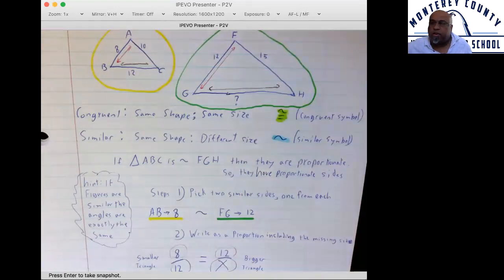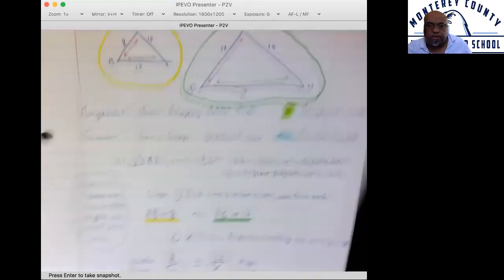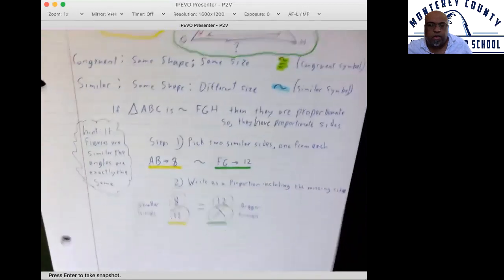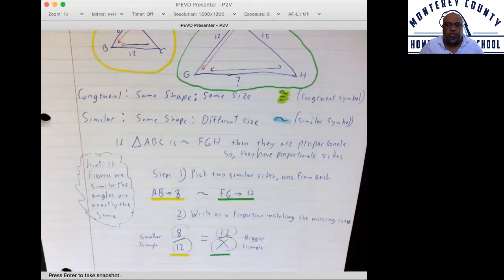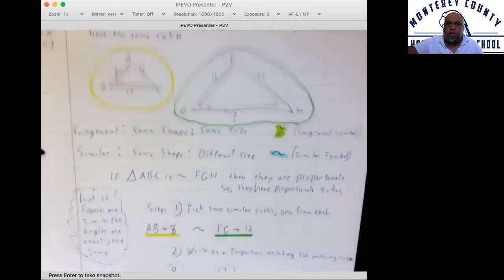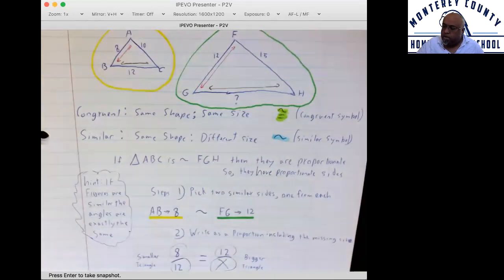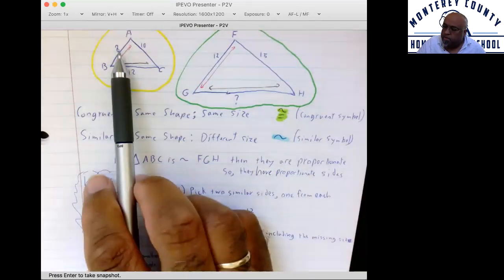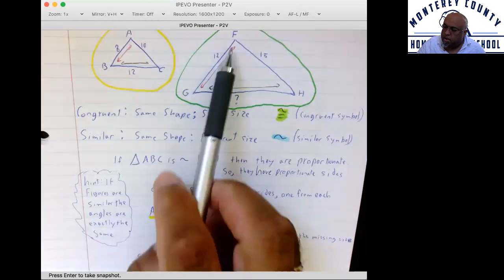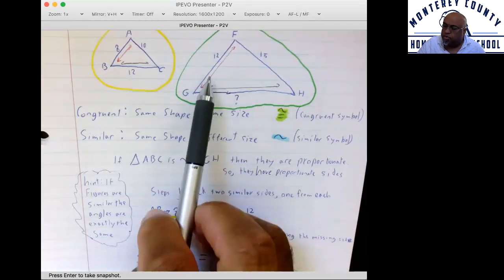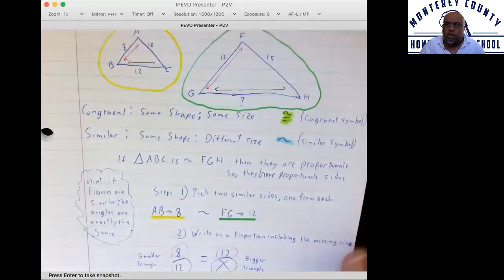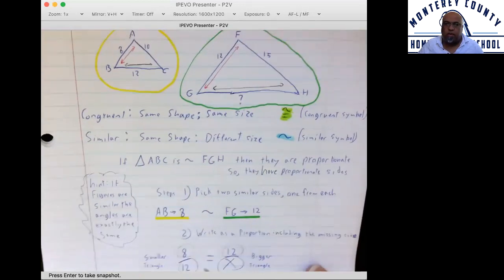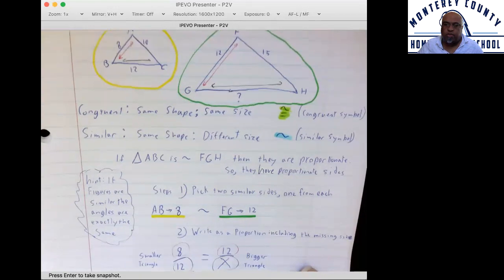Let's figure out how we can find this. Step one, pick two similar sides from each figure. I can pick side AB and FG. Those two correspond. I could also do AC with FH, but I'm going to do the first one I mentioned because that's what I wrote down.